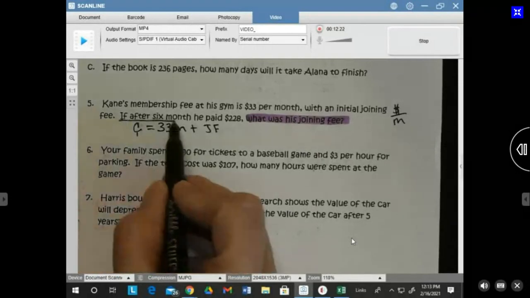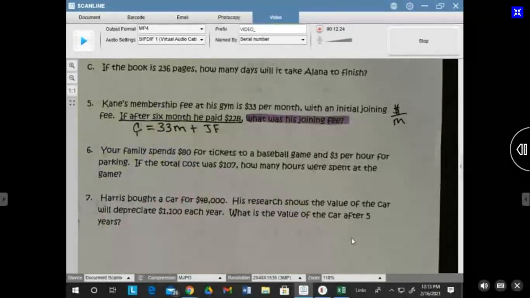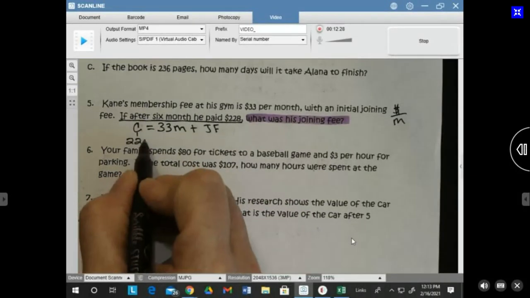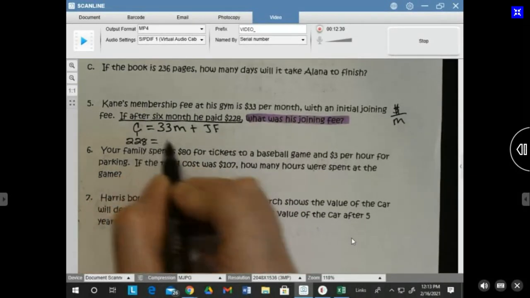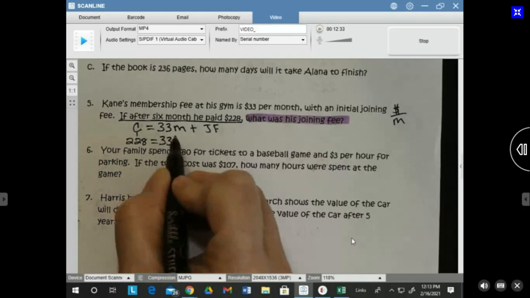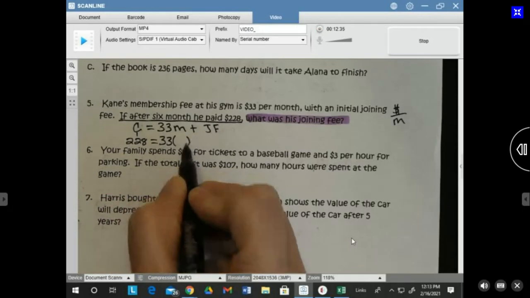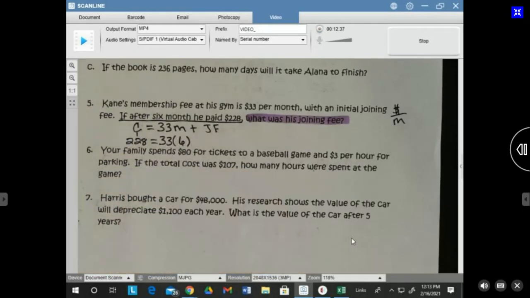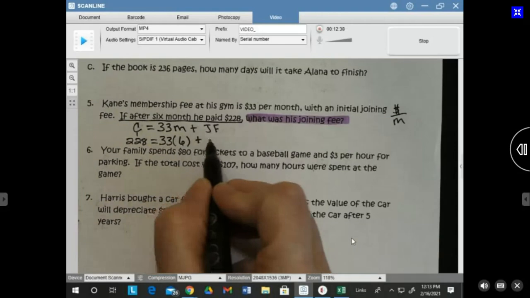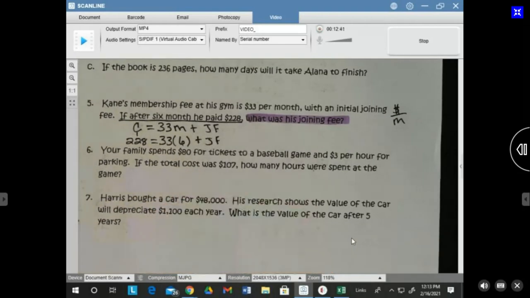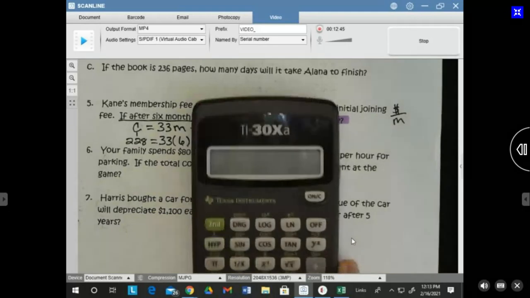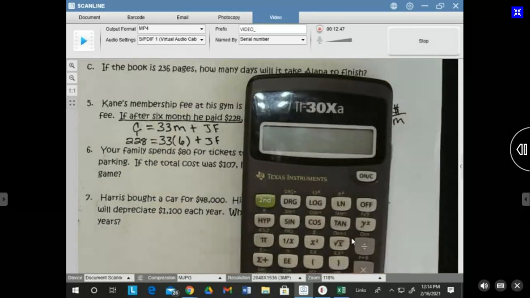If after 6 months he paid 228, 33, how many months? Plus the joining fee. So what do I have to do now to figure this out? What math could I do at this point?